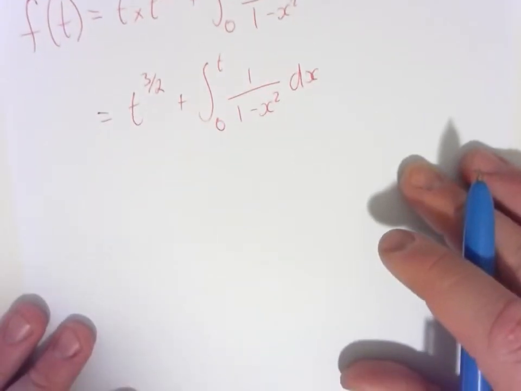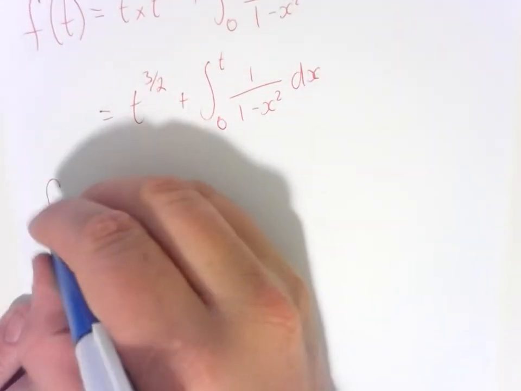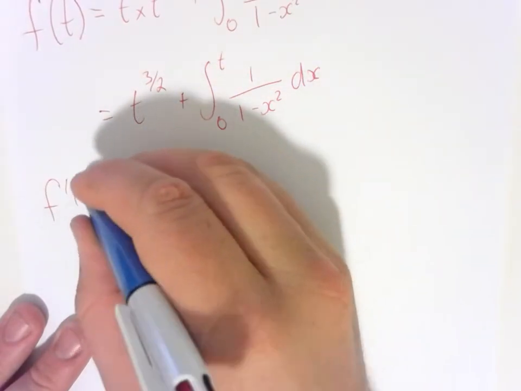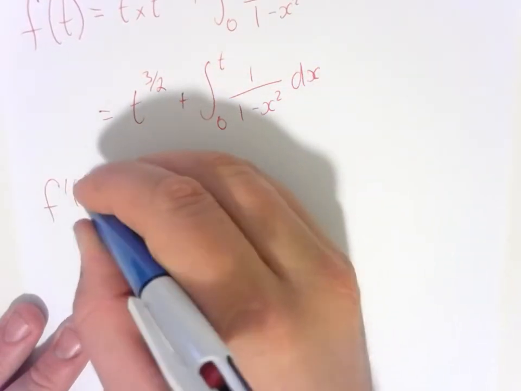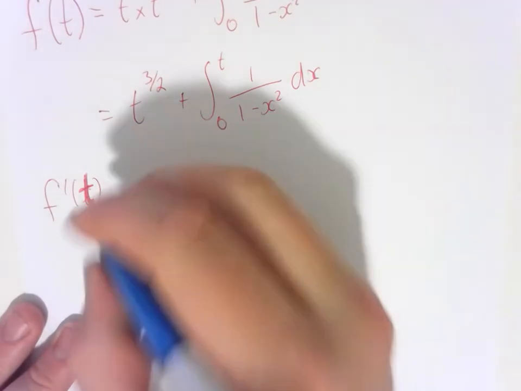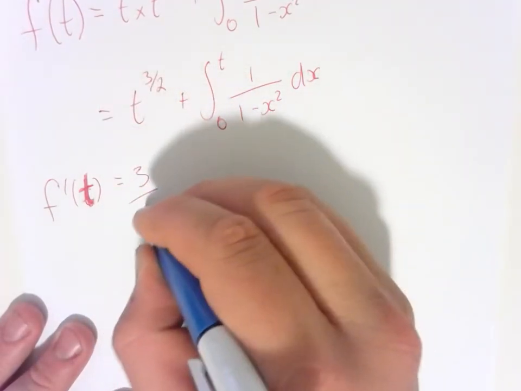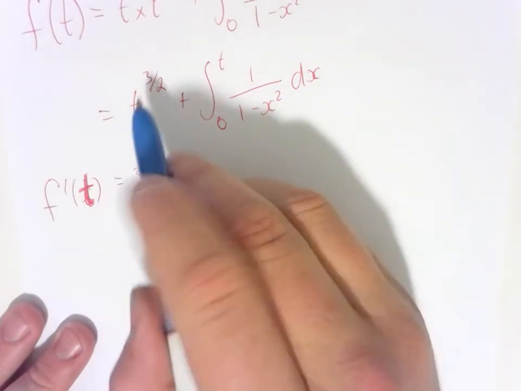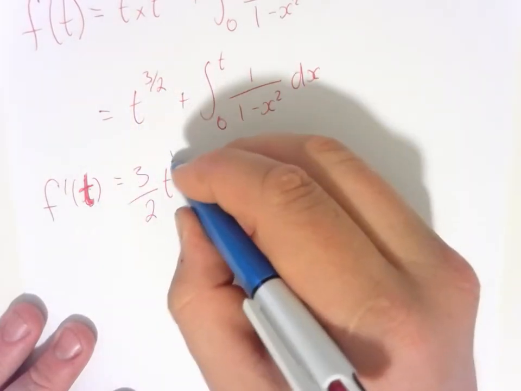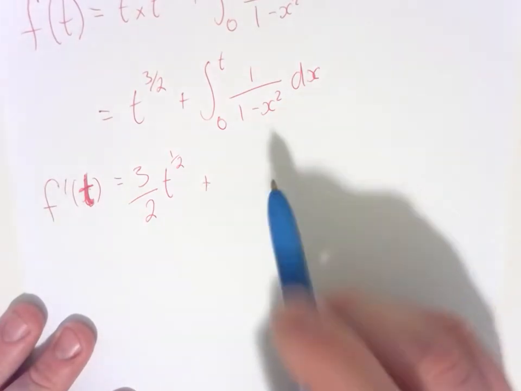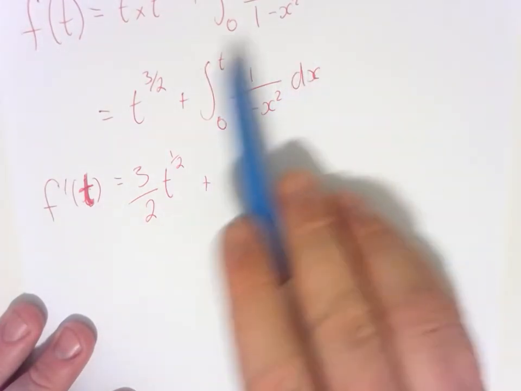So now that we've got this, my f prime of x, t rather, don't make that mistake, my f prime of t equal to, power comes out the front, 3 on 2 t, take 1 from the power to the half, plus, now I want the derivative of this.